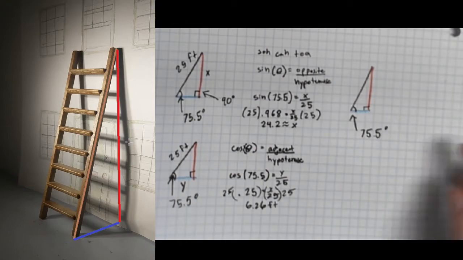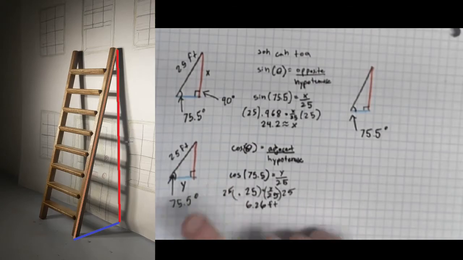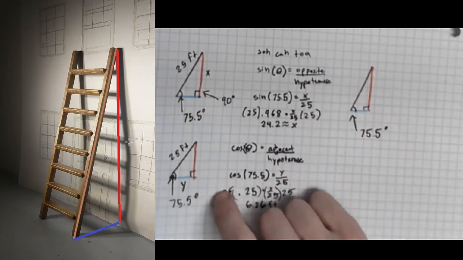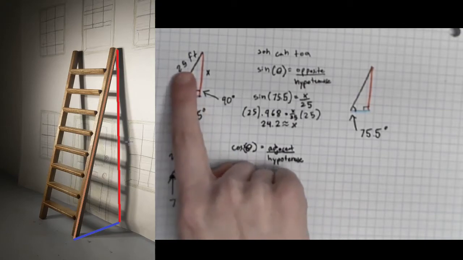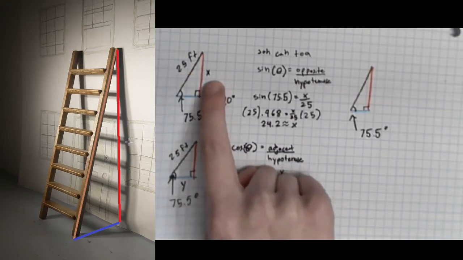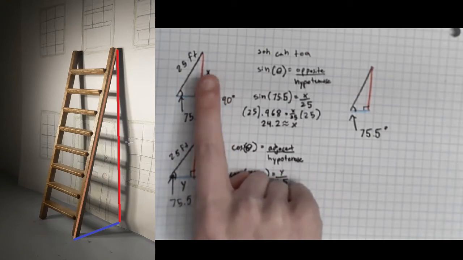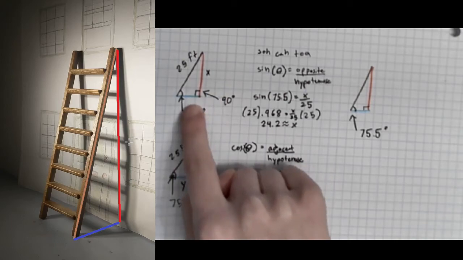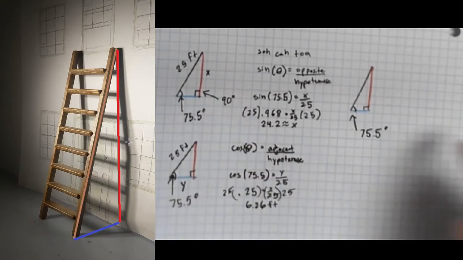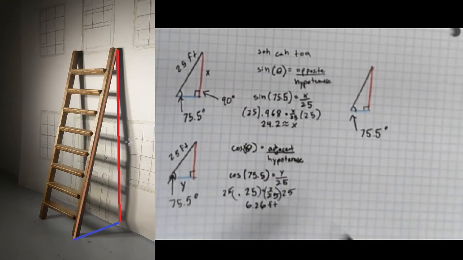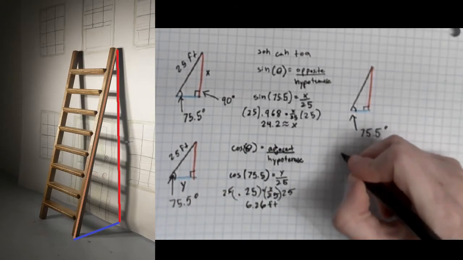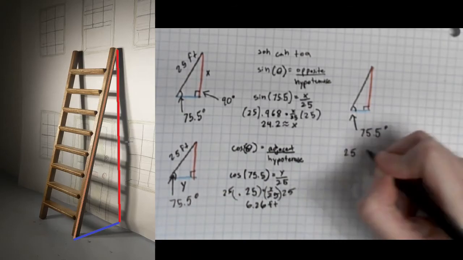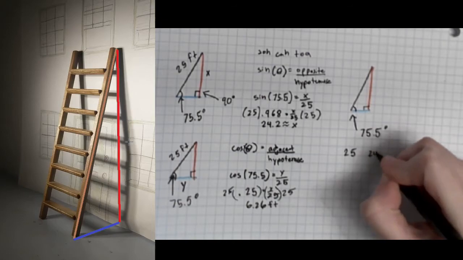We can find that by using information from the last problem, since we know they're all similar. So if we look over here, we can take the distance that we got for 25 feet and the about 24.2 feet we got for this height right here. We can put that over here: 25 and 24.2.